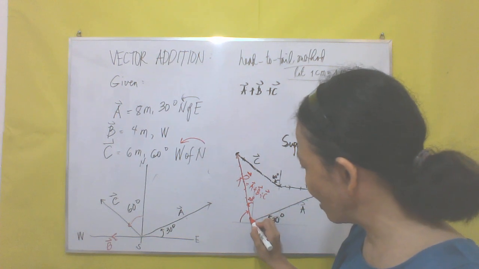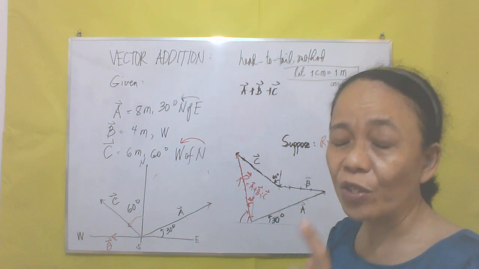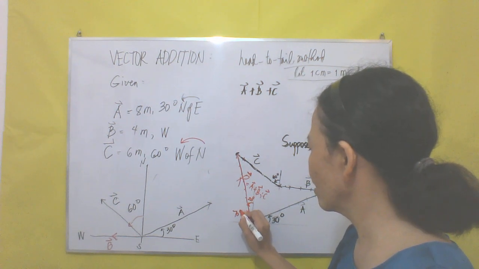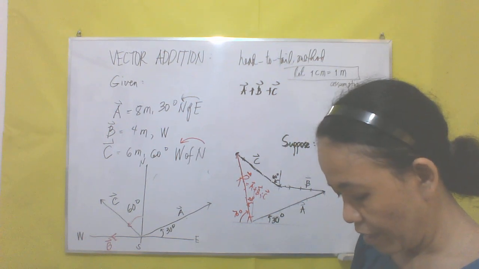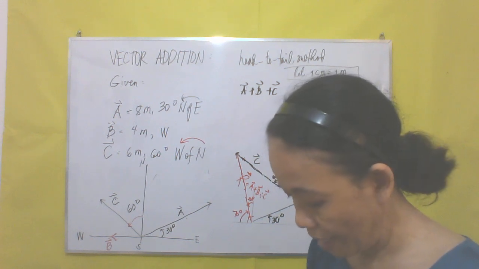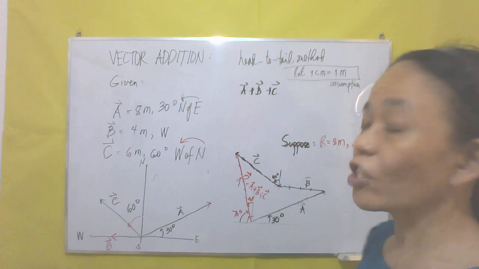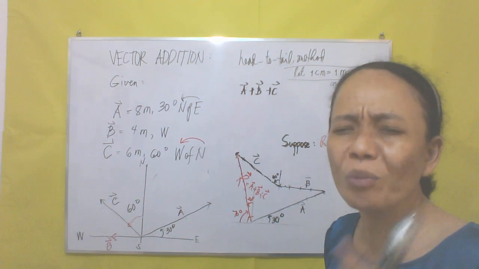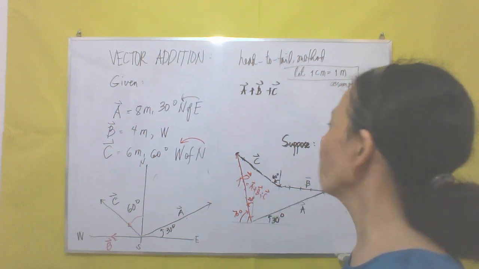Again, this is a right angle. So 90 minus 20 is 70, so 70 degrees. Again, that is only my assumption. So don't imitate, only I can do this. Assumption. So in your activity, you're going to apply correct measurement, correct angles, using your protractor and your ruler.